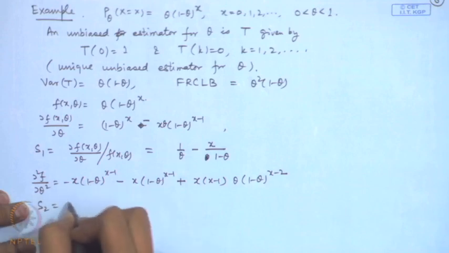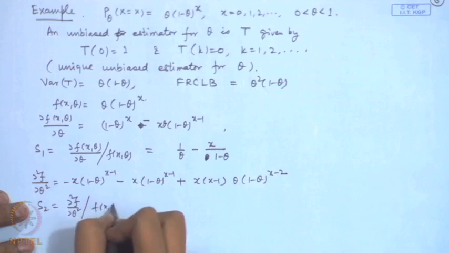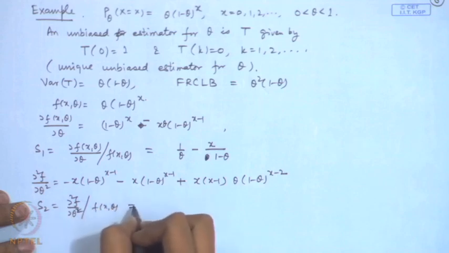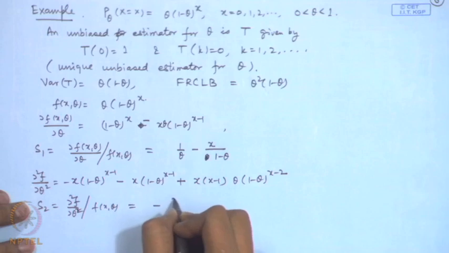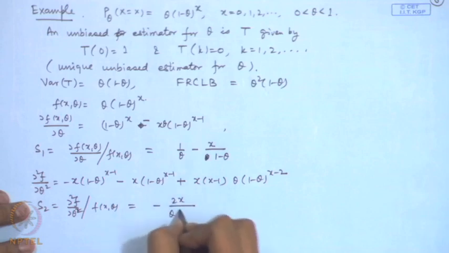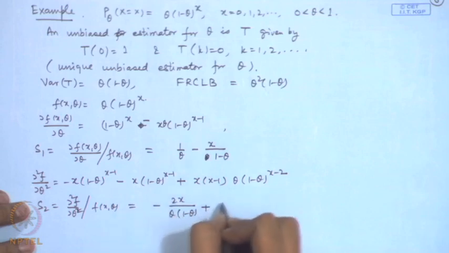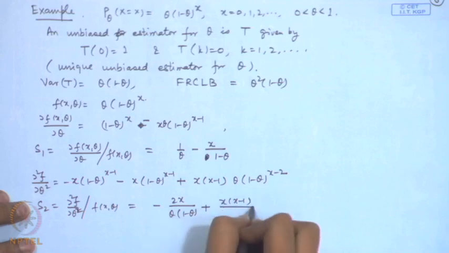So, S2, that is del 2 f by del theta 2 divided by f, becomes minus 2x by theta into (1 - theta) plus x into (x - 1) by (1 - theta) square.